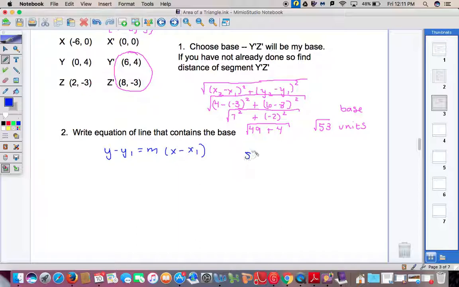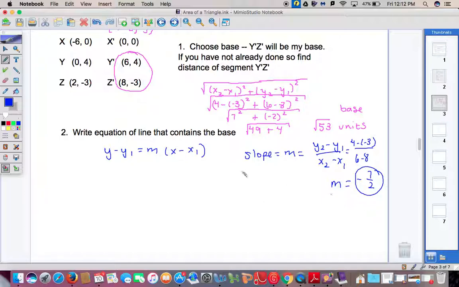Okay, so my slope, remember, is m, which is (y2 minus y1) divided by (x2 minus x1). And if I substitute my numbers in, I have (4 minus a negative 3) divided by (6 minus 8). And that gives me a negative 7 halves. So my slope is a negative 7 halves. So that's what I know. M is equal to negative 7 halves.